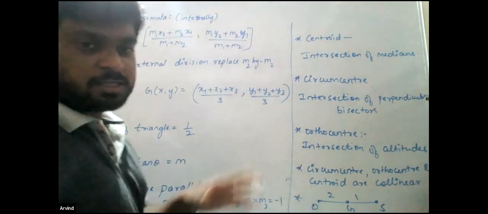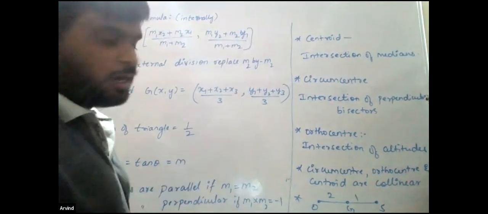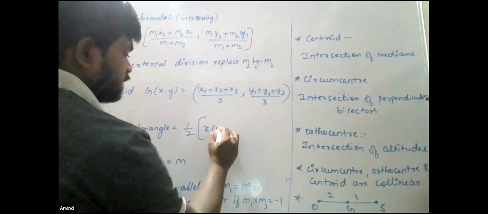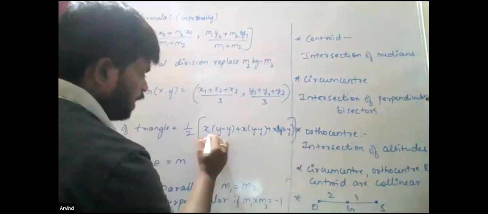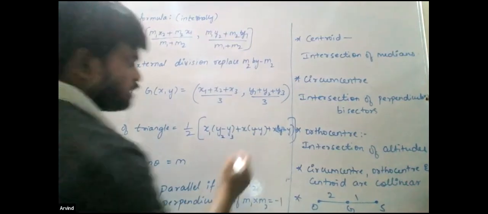So 3 vertices ಕೊಟ್ಟಿರ್ತಾರೆ, x1 y1 x2 y2 x3 y3 ಮೂರು ಕೊಟ್ಟಿರ್ತಾರೆ. ಏರಿಯಾ ಆಫ್ ಟ್ರಯಾಂಗಲ್ ಕಂಡುಹಿಡಿಯಬೇಕಂದ್ರೆ ವೆರಿ ಸಿಂಪಲ್, ಹಾಫ್ ಇಂಟು ಈ ತರ 3 ಸರಿ ಬರ್ಕೊಳ್ಳಿ, x of y minus y plus x of y minus y plus x of y minus y, ಈ ತರ 3 ಸರಿ ಬರ್ಕೊಳ್ಳಿ. Then allot the numbers in cyclic order, 1 2 3. Next 2 ಇಂದ ಸ್ಟಾರ್ಟ್ ಮಾಡಿ, 2 3 1. ನೆಕ್ಸ್ಟ್ 3 ಇಂದ ಸ್ಟಾರ್ಟ್ ಮಾಡಬೇಕು, 3 1 2.